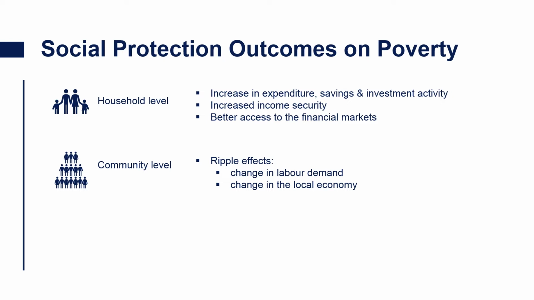On the contrary, studies show that transfers do not lead to a reduction in labor intensity or participation, but increase the number of self-employed in non-agriculture sectors. If a beneficiary opens up a business, other people from the village could be employed. This is what is meant by a change in labor demand.